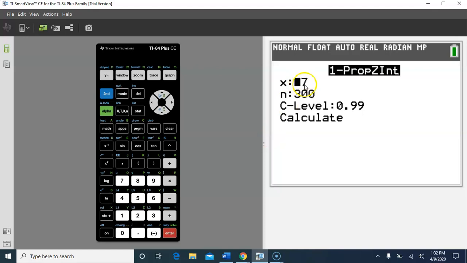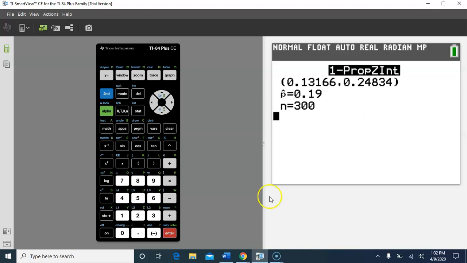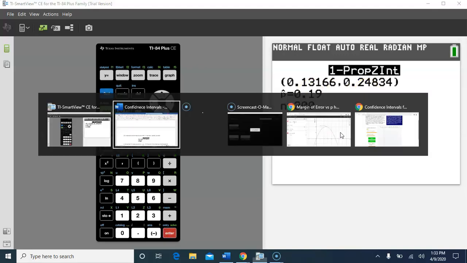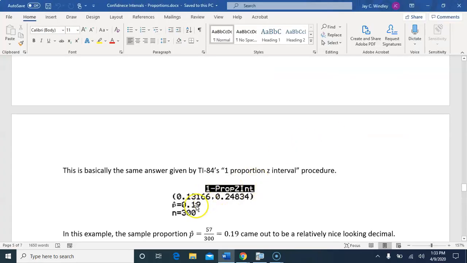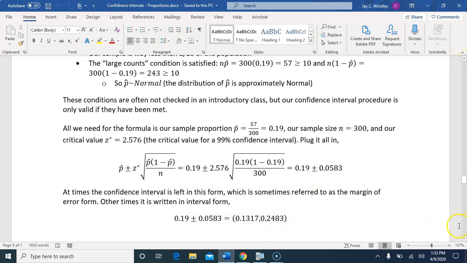And we start off by entering the two numbers that make up our p-hat, that is 57 people out of the 300 we sampled are business majors, and we enter our confidence level, which is 99%, but we have to enter the confidence level as a decimal. And so there's 0.13 and 0.24, which is exactly what we got up here, 0.13 and 0.24.